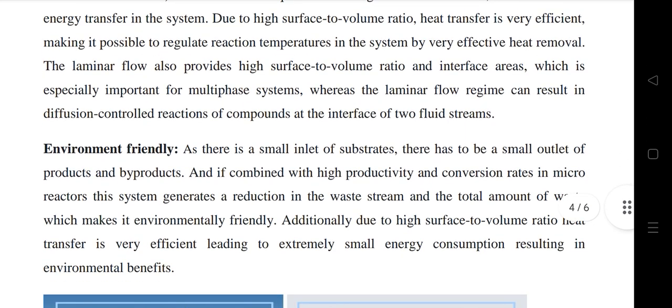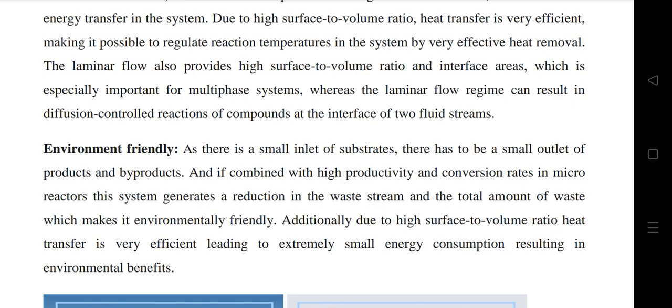Microreactors are very environmentally friendly as there is a small inlet of the substrate and a small outlet of the product and byproducts. If combined with high productivity and conversion rate in microreactions, this system generates a reduction in waste streams, low waste materials, which makes it more environmentally friendly.